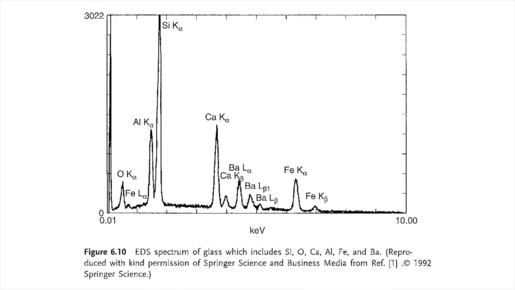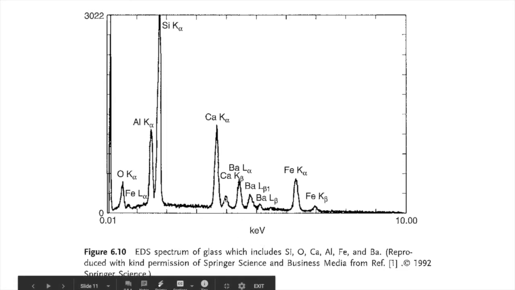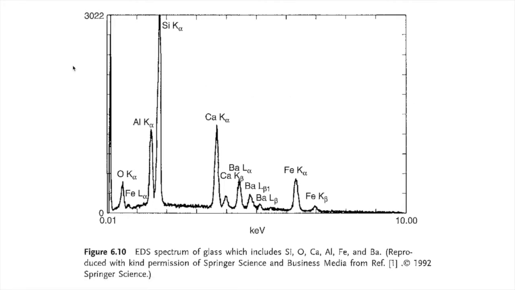It really depends on what you want to detect and how long it's going to take. And so here we see that energy is increasing on the bottom. If we were to plot it, the wavelength would go in the opposite direction, and then this is intensity or counts of these X-rays that we detect.